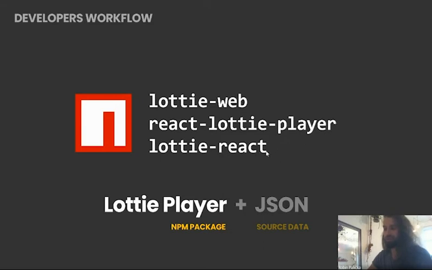So I used Lottie React, which basically creates a component you can use easily. So there is a Lottie component with an attribute, which is that source data, the JSON, and there could be more parameters. So it's pretty simple to use then in React.